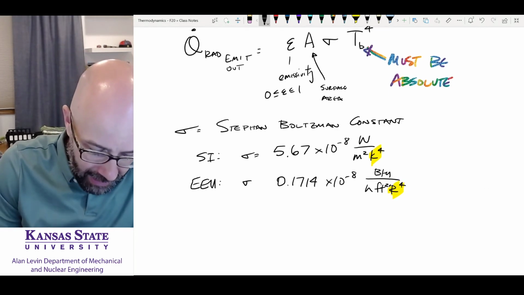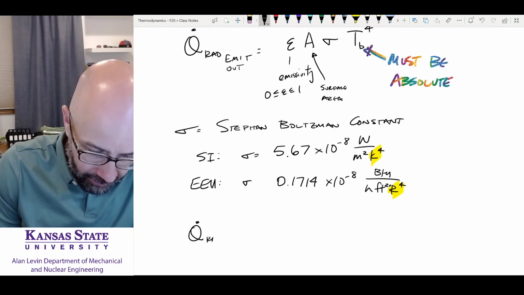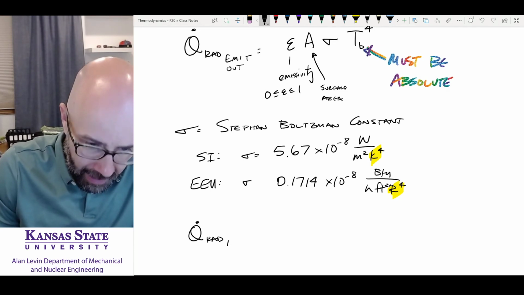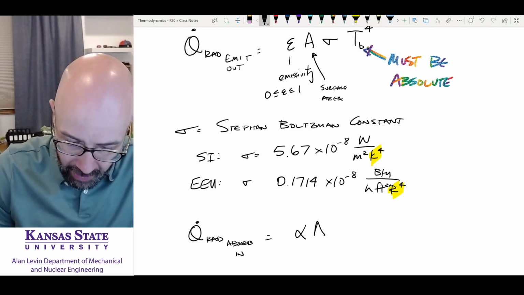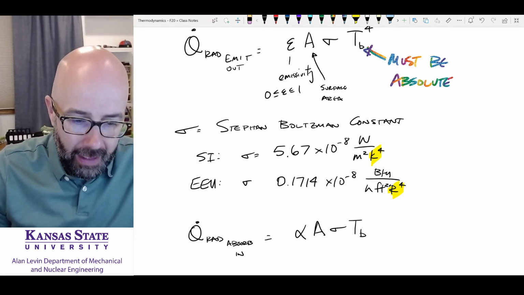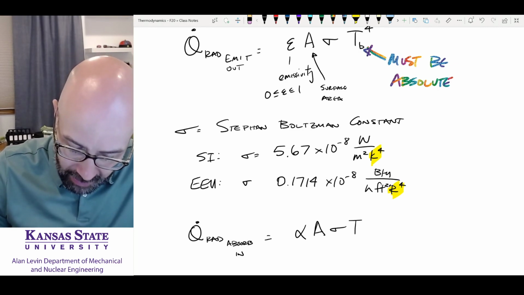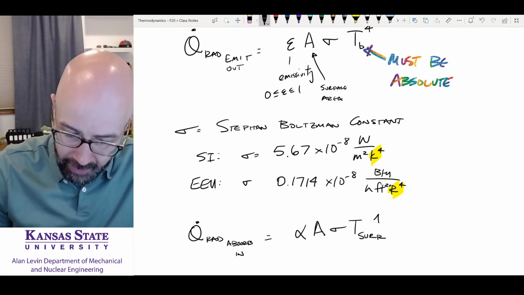If I wanted to find out what Q dot radiation absorbed, or in, is, that's going to be alpha, area, sigma, temperature of the surroundings to the fourth.